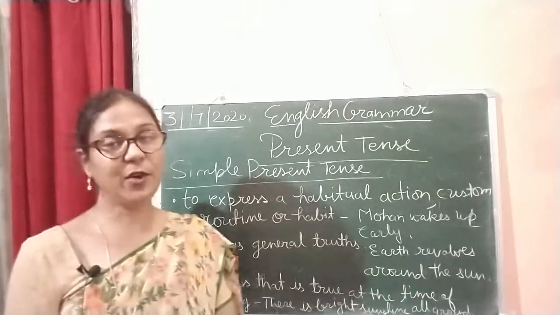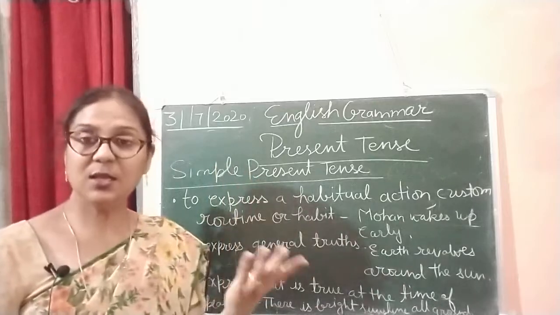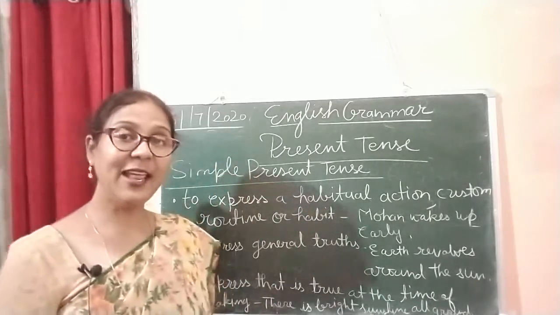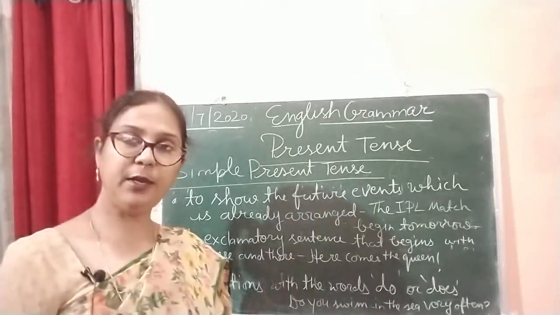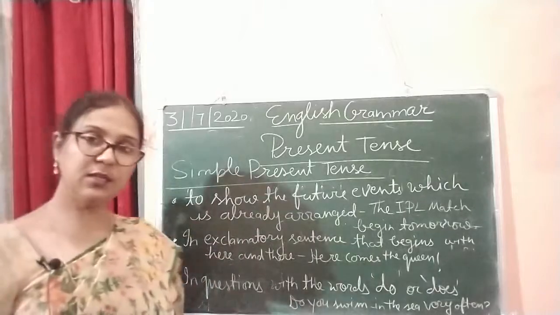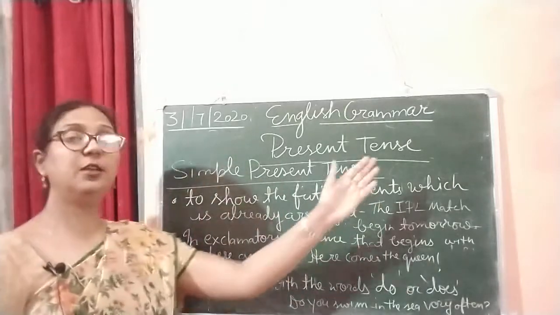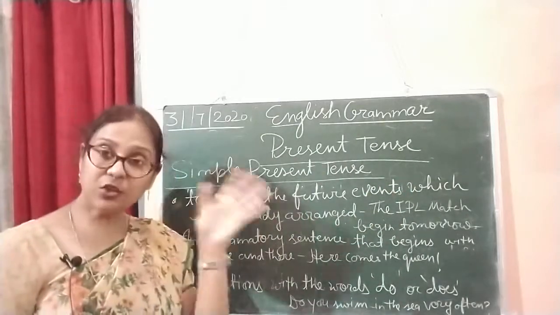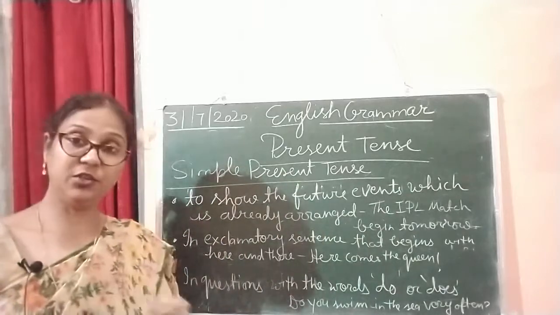So these are the 3 points for which we can use simple present tense. Now we are moving to the next 3 points. The fourth point in simple present tense is to show a future event which is already arranged. This is a future event, but it is already arranged.